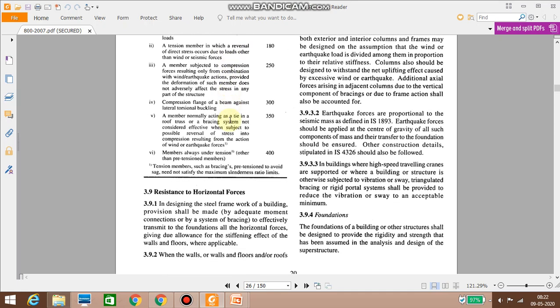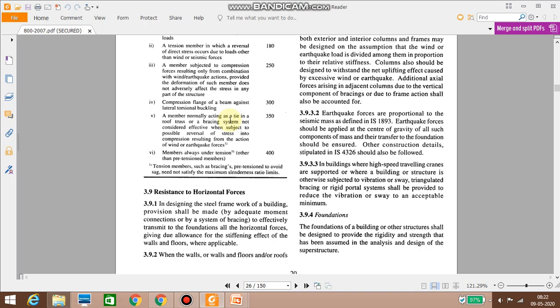Now why is slenderness ratio very important? Usually the strength of the compression member decreases as its length increases. Further, the compressive strength of a very slender member may be much less than its tensile strength.